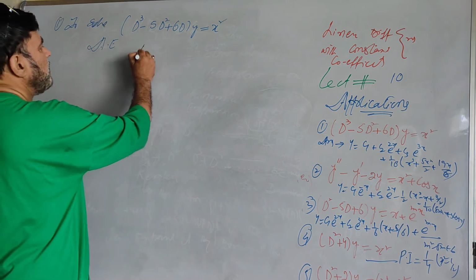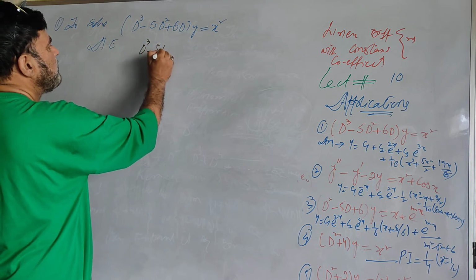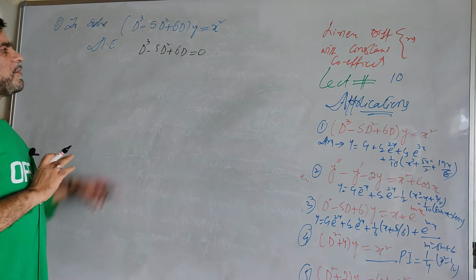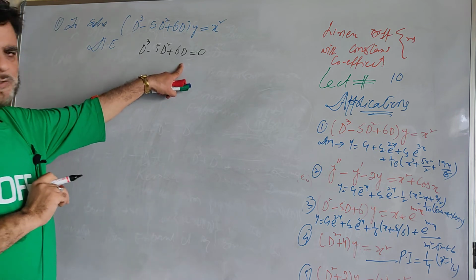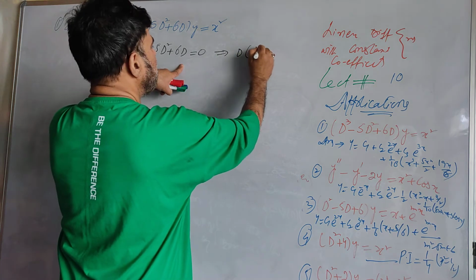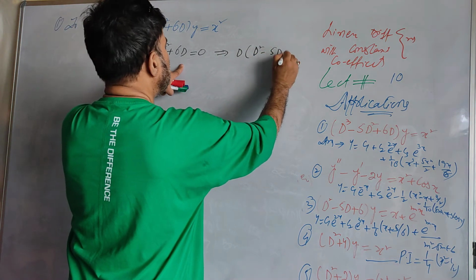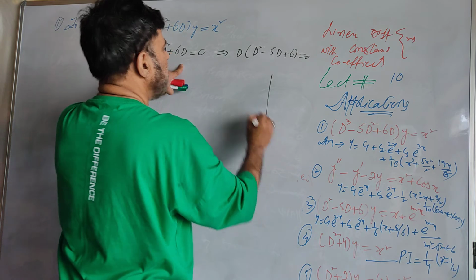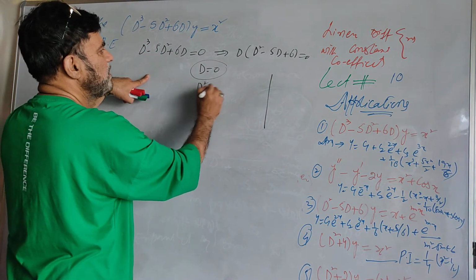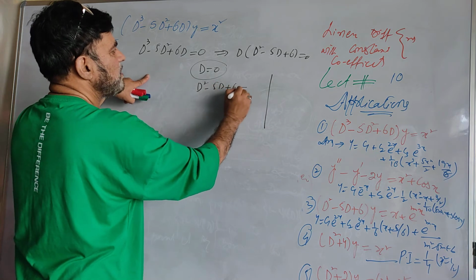The auxiliary equation will be D cube minus 5D square plus 6D equal to 0. You don't have any constant here. You can take D common. Taking D common, it is D square minus 5D plus 6 equal to 0. This gives either D is 0 or D square minus 5D plus 6 is 0.